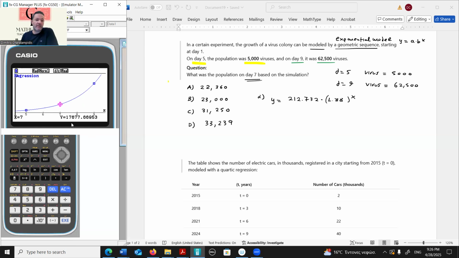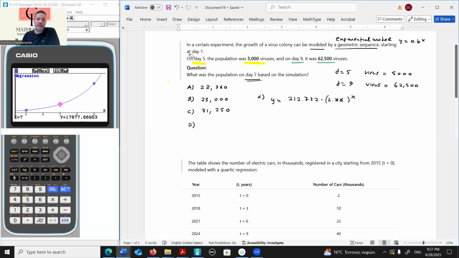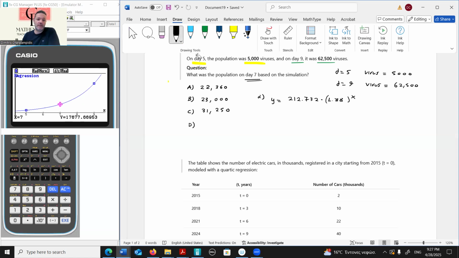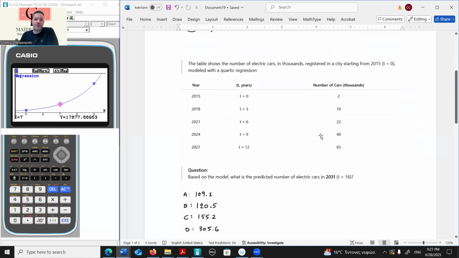And we have that the value is 17,677, which is none of these for some reason. I must have made a small mistake. Let's change this to 17,677, and that would be D.